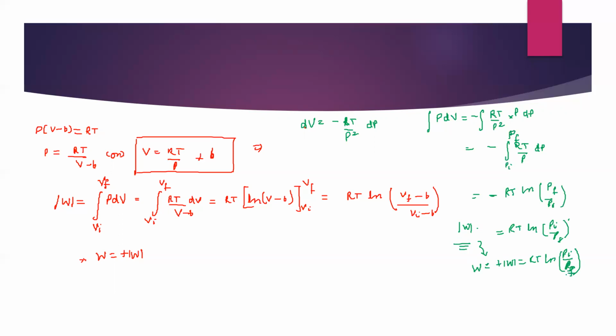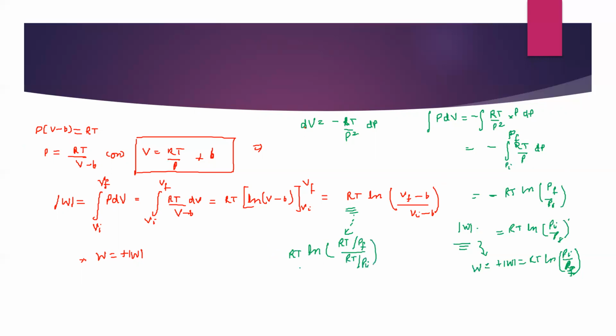So in case pressures had been given, this would have been the answer. And you can actually get it from here as well, but it would involve just one or two more steps. For example, over here, Vf minus B can be written as RT by Pf, so in place of Vf minus B we would have written RT by Pf, and in place of Vi minus B, RT by Pi.